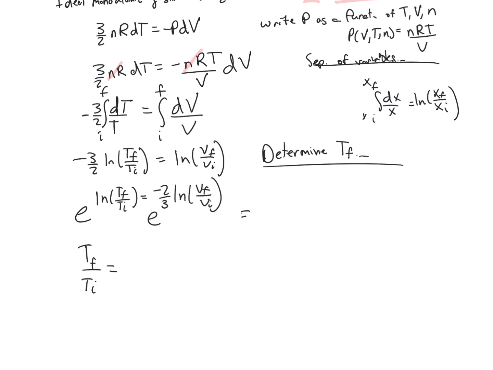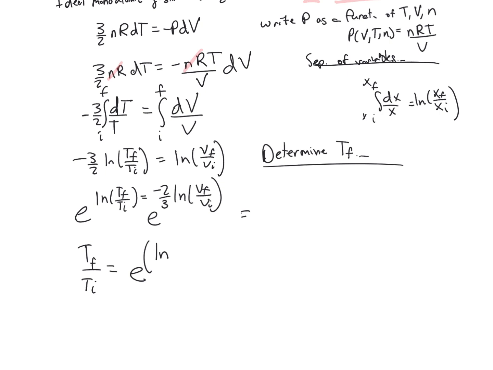okay, on this side here, because e undoes the ln, and this negative 2/3, it's going to be convenient if I want to solve this in a nice way to write this as e to the ln. Remember, due to my logarithms, I can make this into an exponent.